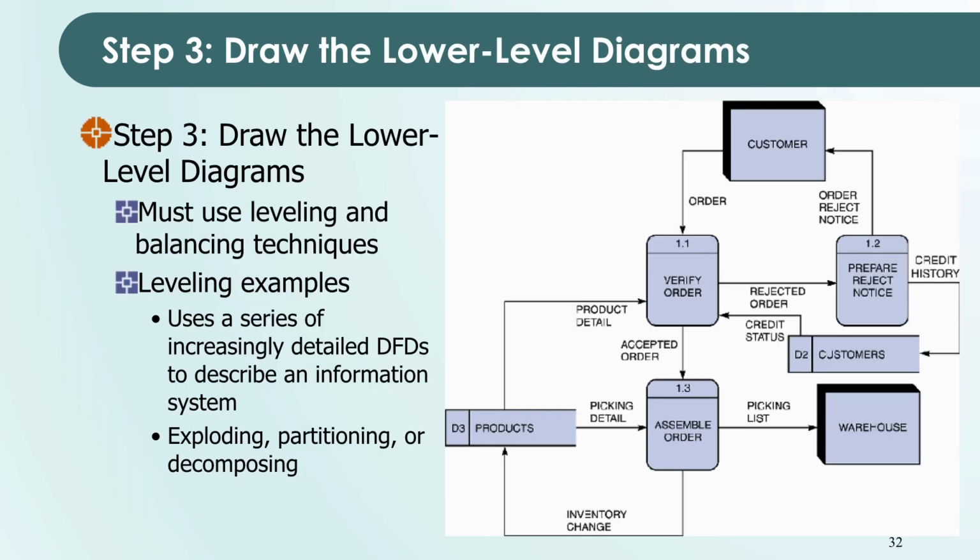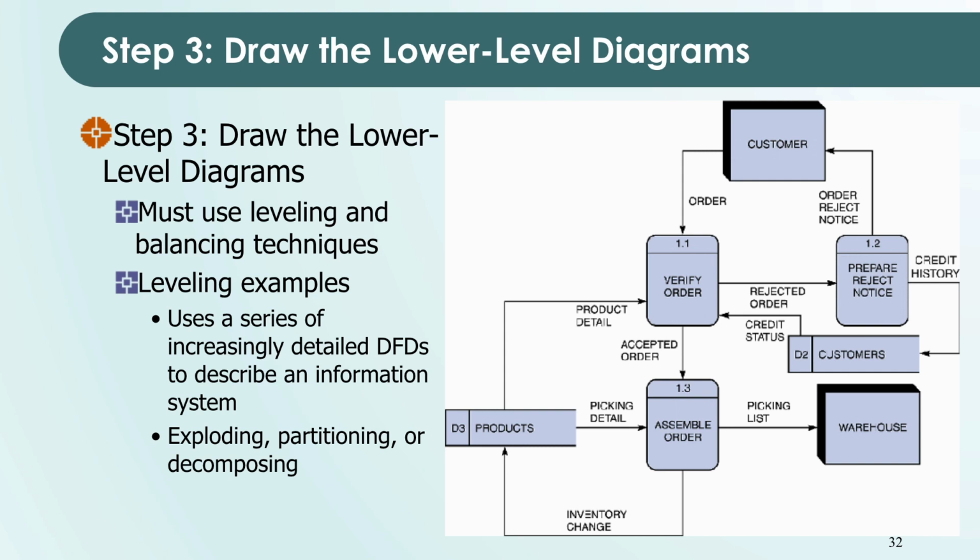The last step in drawing the DFD is to draw the lower level diagrams. A lower level diagram is needed in a complicated system, because in a complicated system, there are lots and lots of processes that need to be narrowed down.